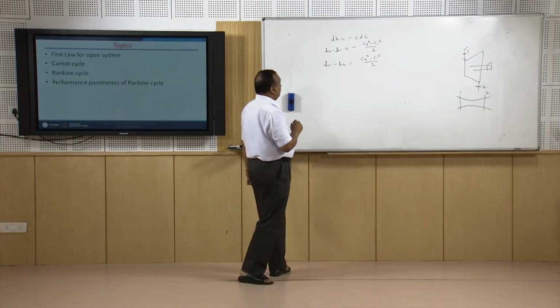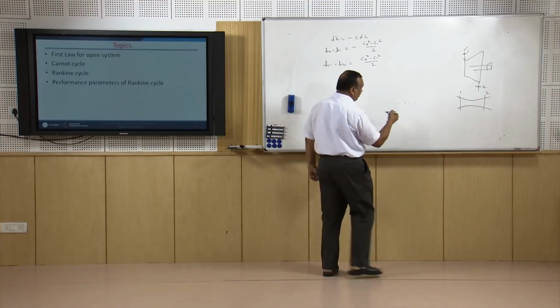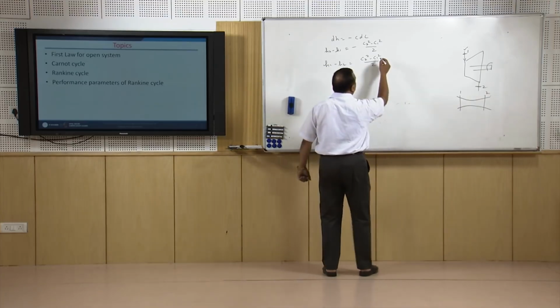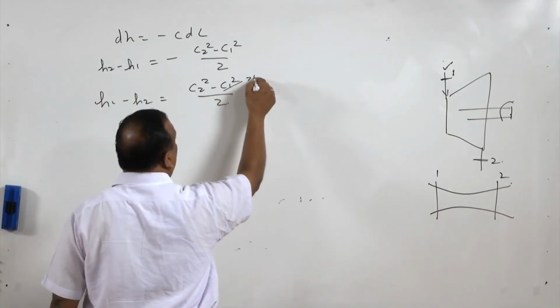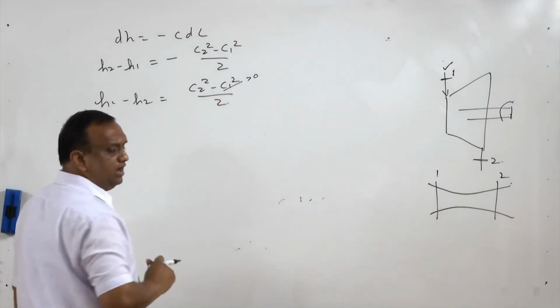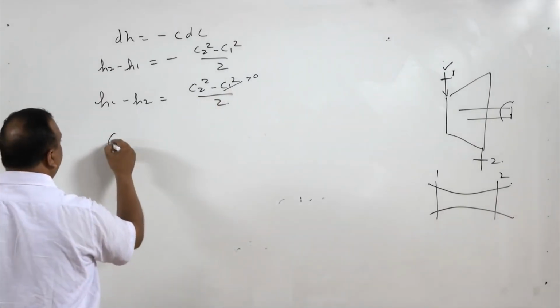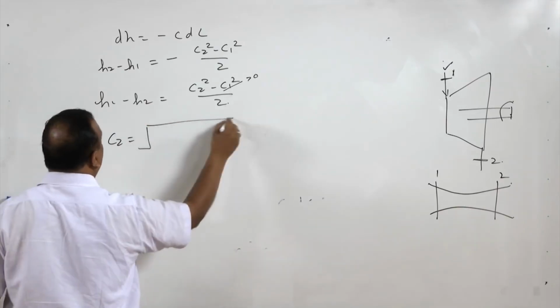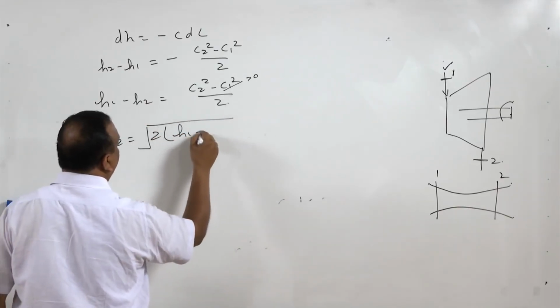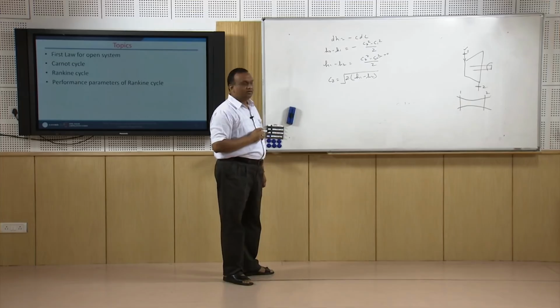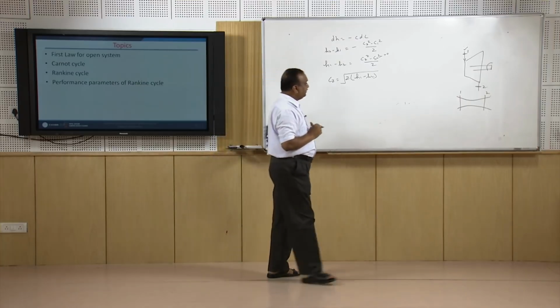In most cases in nozzles, it is assumed that the inlet velocity tends to 0, negligible in comparison to the outlet velocity. So, C2 can always be taken as the square root of 2 times (H1 minus H2). This is the second application.